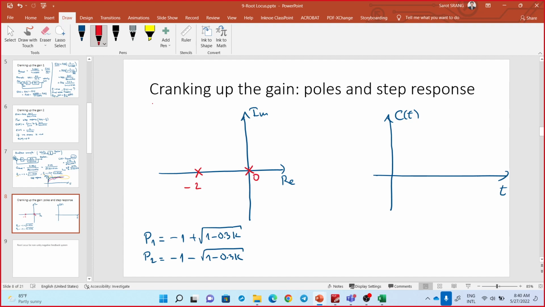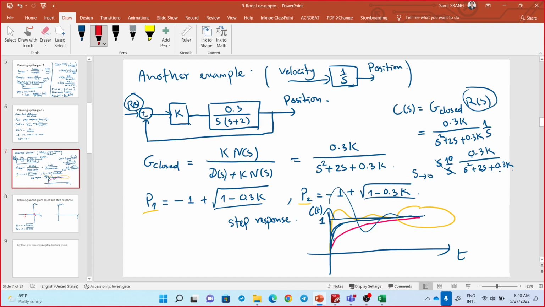Actually, it is from the open loop transfer function. s equals 0 is the first pole, and s equals minus 2 is the second pole.